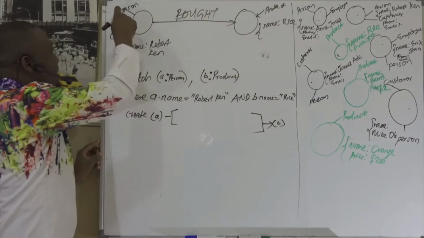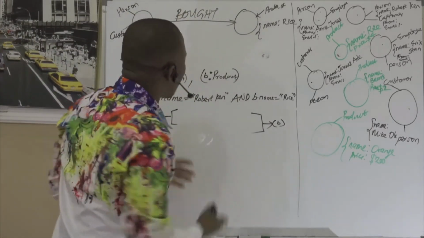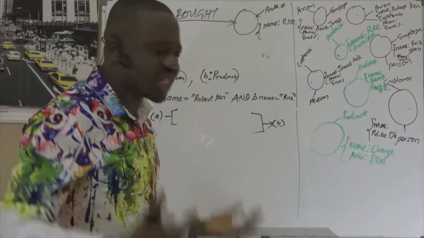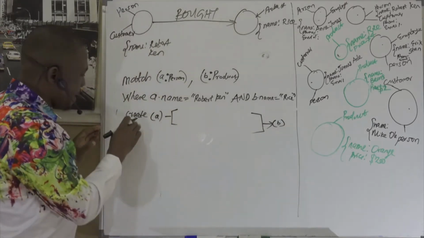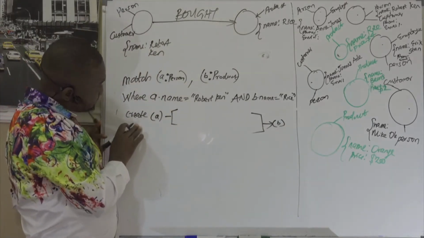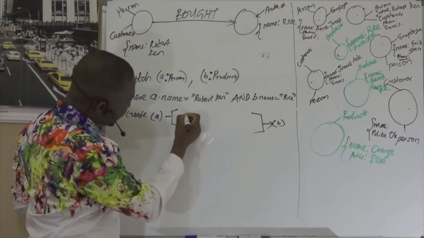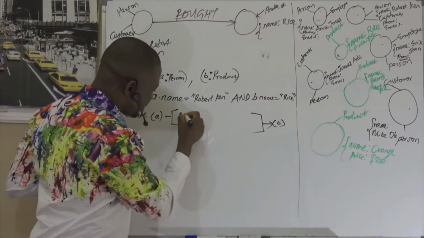Just the way Person is a label, Customer is a label. You can have many labels for a relationship. You can have 4 labels, 5 labels, 1 label. It depends on the way you want to describe it. For now, we just put BOT between the two. Create A. Who bought this? Okay, that is label. Remember, label is this BOT, capital letters.